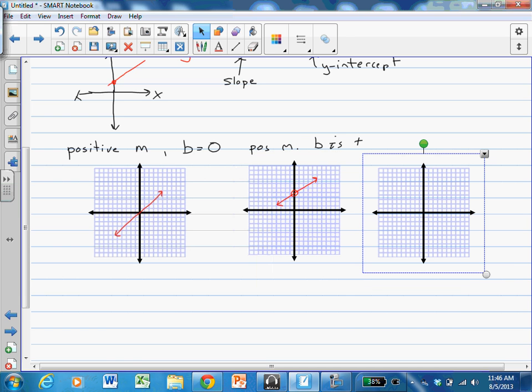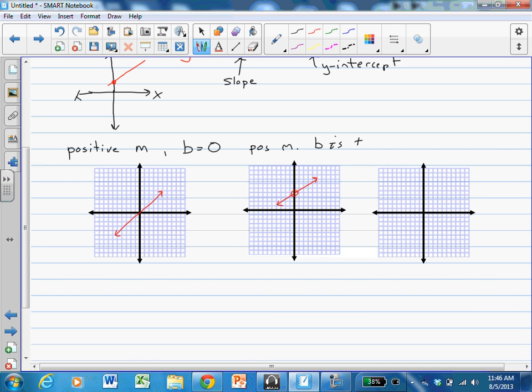And then we could also do positive m, b is negative. Try that. Good. You get the hang of it. B is negative there.